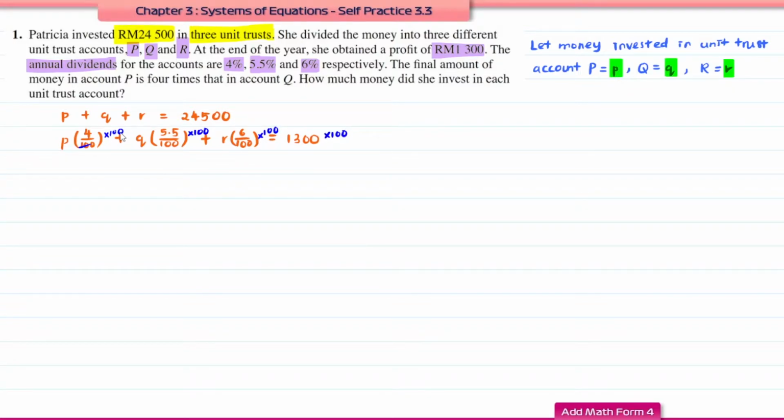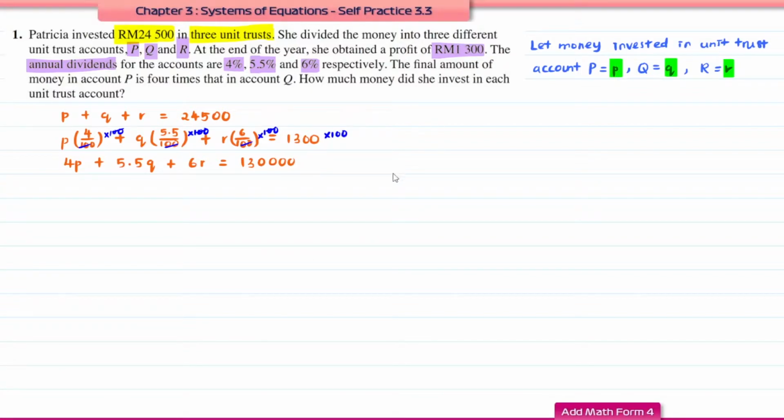By doing so, the 100 for the p, q, r here, we can cancel it. Therefore, we have 4p plus 5.5q plus 6r equal to 130,000.